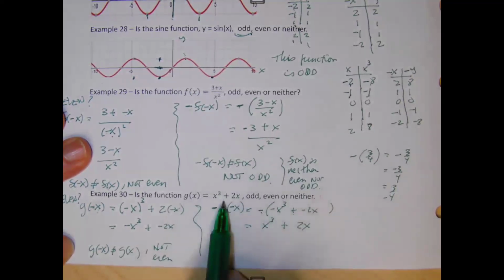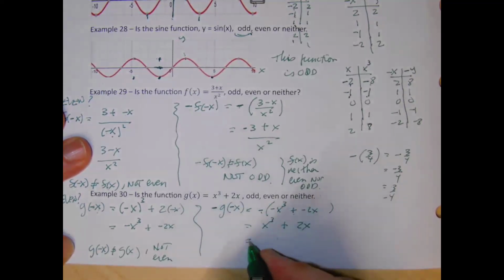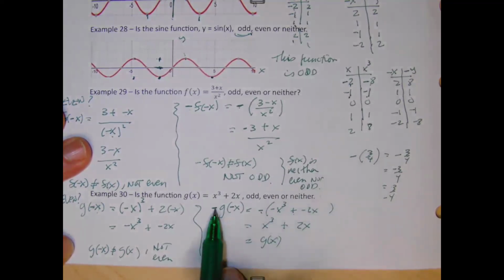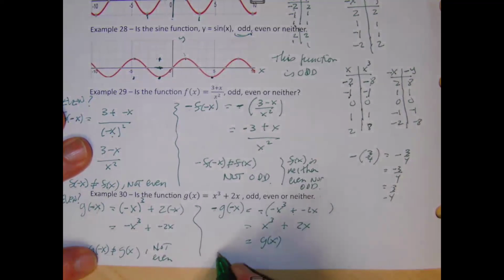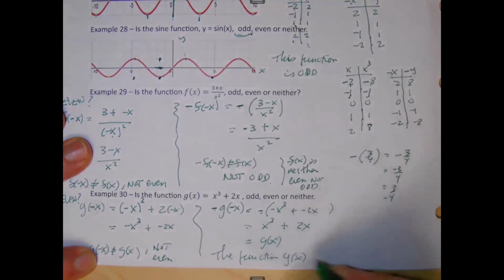Now I look back up here and behold, this thing does equal g of x. We have the opposite of g of the opposite of x is g of x. So the function g of x is odd.